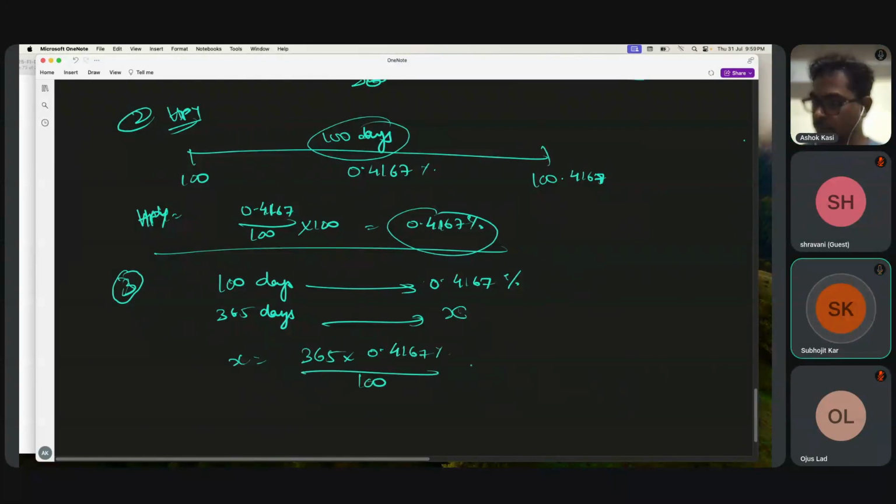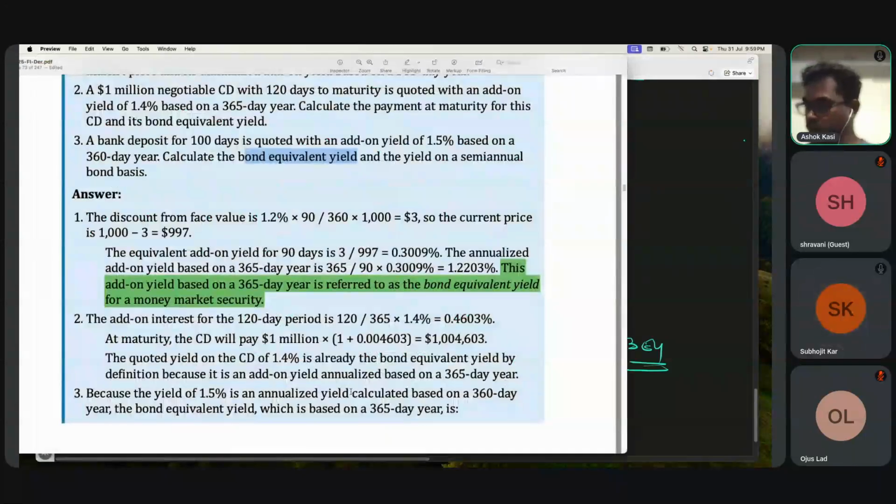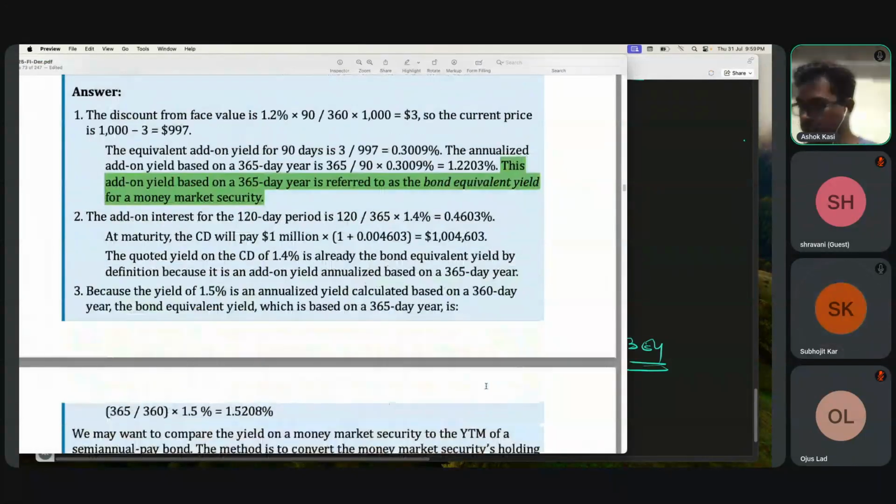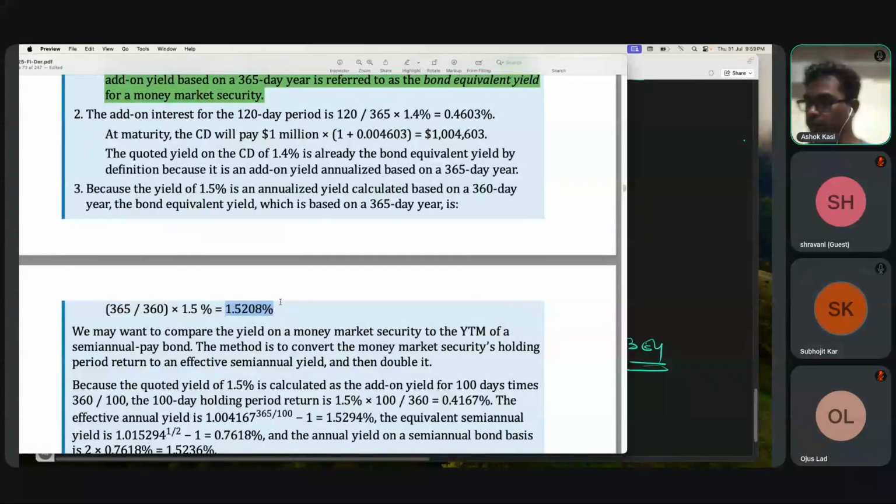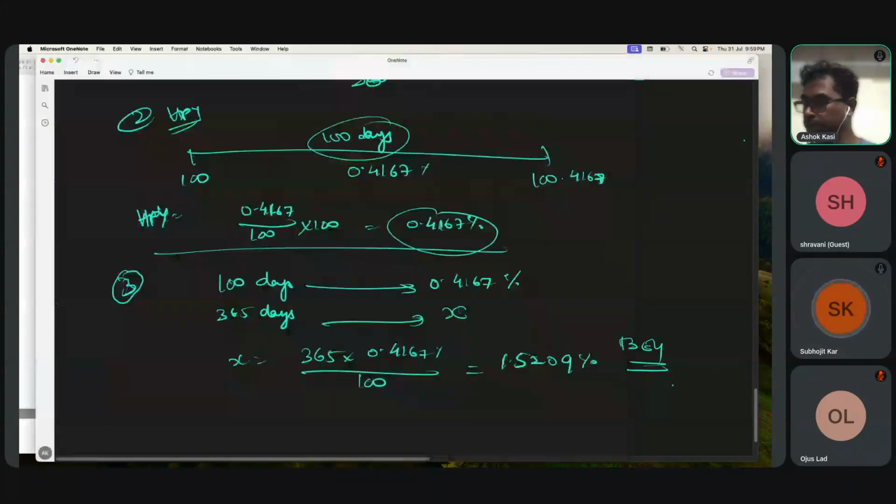It is 1.5209. Okay, that's it. This is the bond equivalent yield, 1.5209. We'll check. Yes, 1.5208. That is all.